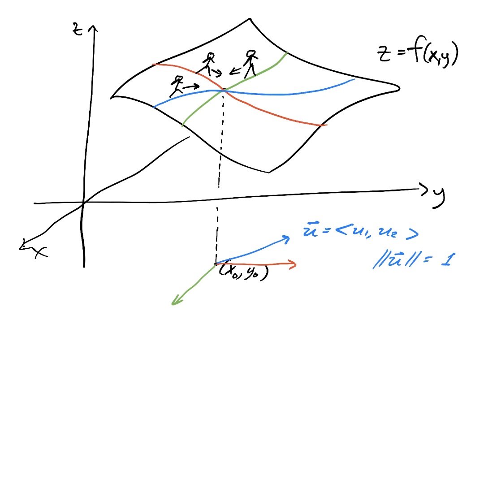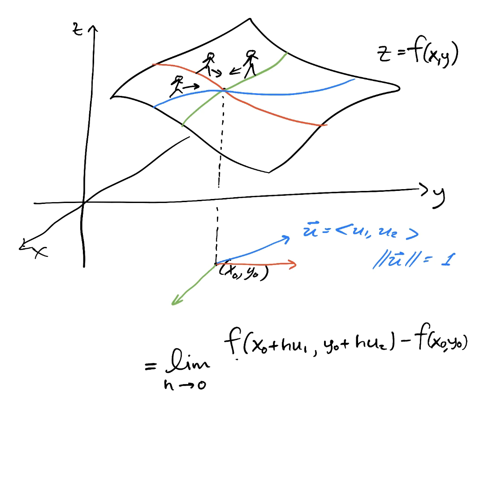And so the limit that's important to us in 14.5 is the limit as h goes to 0, f of x naught plus a little bit in the u1, comma y naught plus a little bit of u2, take away f right at x naught, y naught.